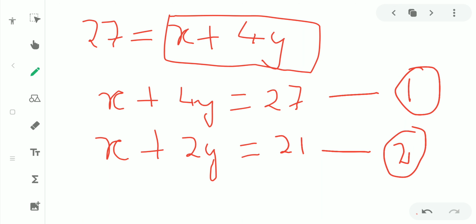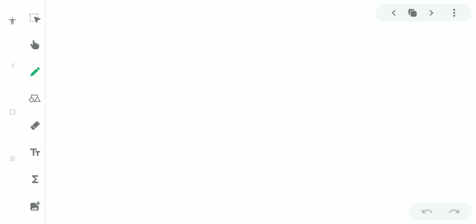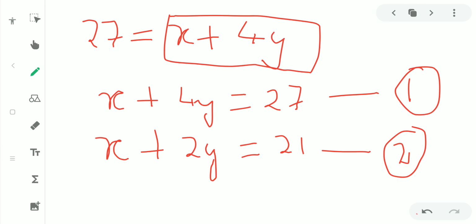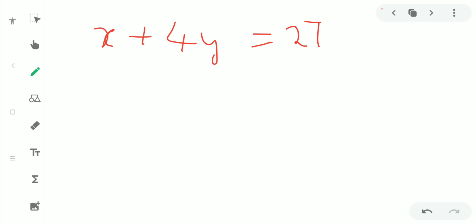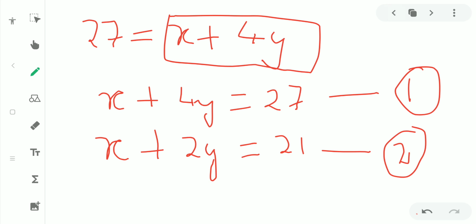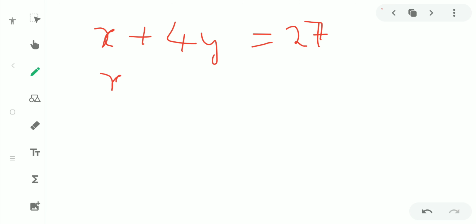So let us solve them by the method of elimination by equating coefficients. x plus 4y is equal to 27, and x plus 2y is equal to 21.